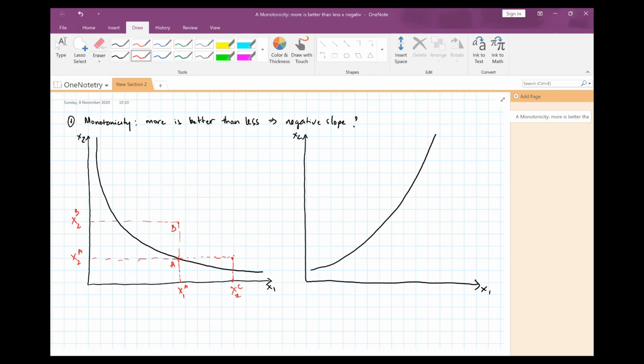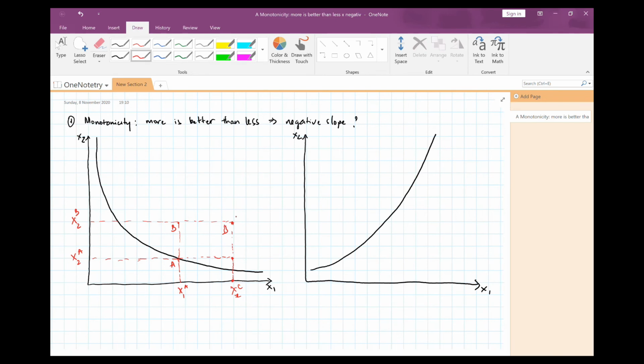So it's better than on the curve itself. Now what happens if we increase both? So if we increase to x2b and then x1c, let's call this point D. It's even further to the right, right? So even better, so to say.